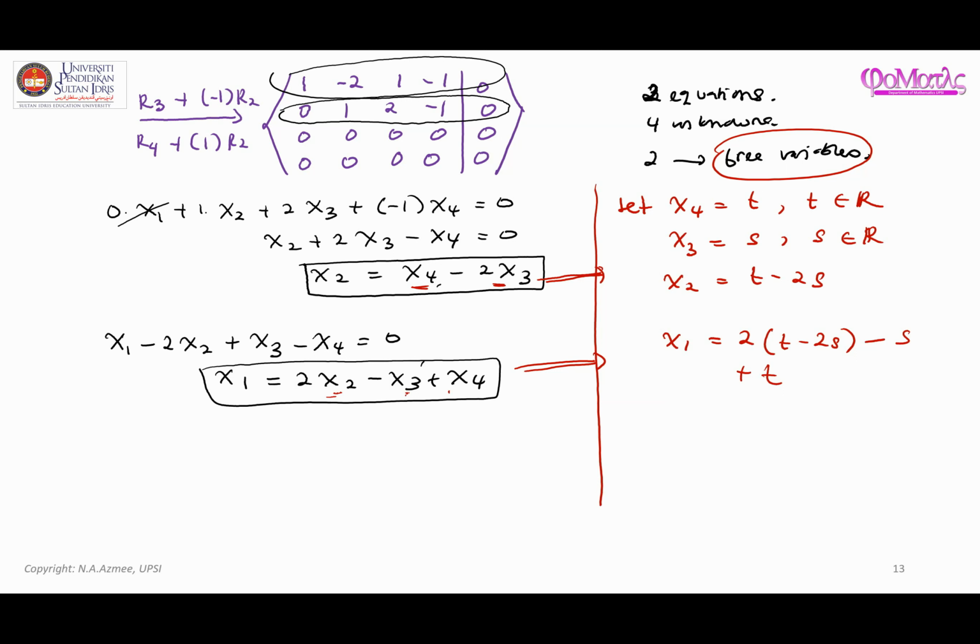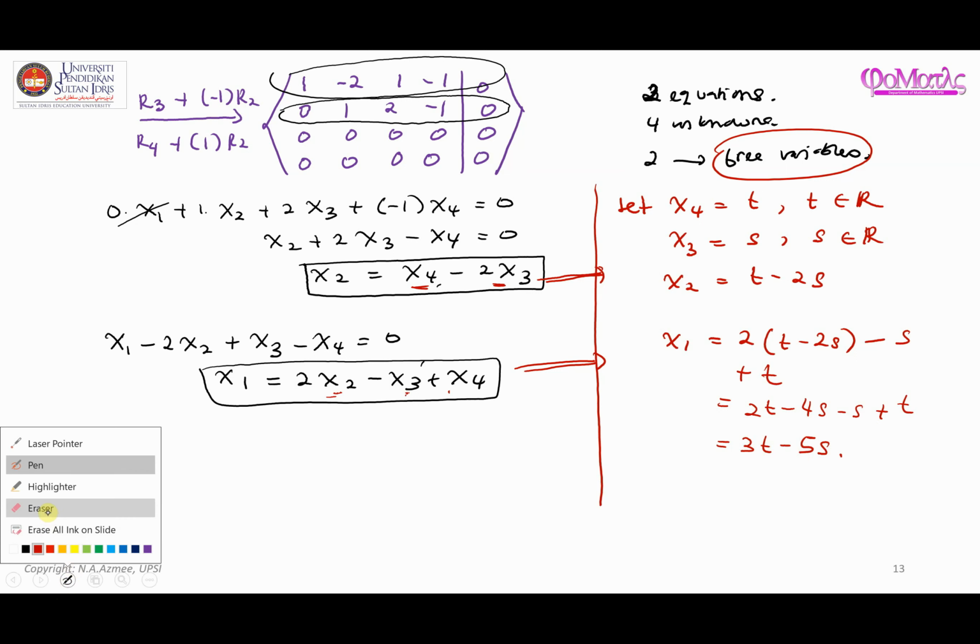Now you can simplify the result here to be 2t minus 4s minus s plus t, and that can be simplified as 3t minus 5s. Right, so I'm just going to erase this part here.